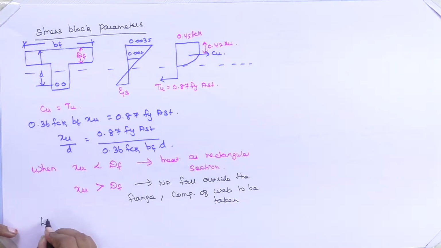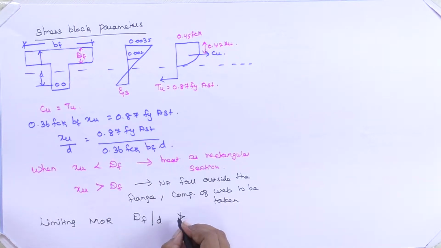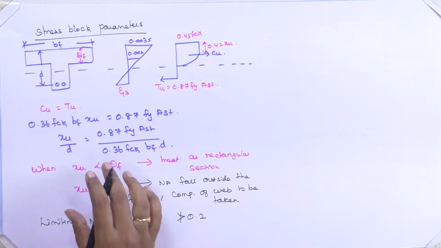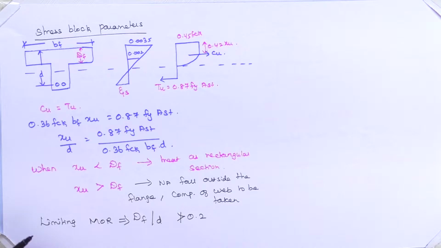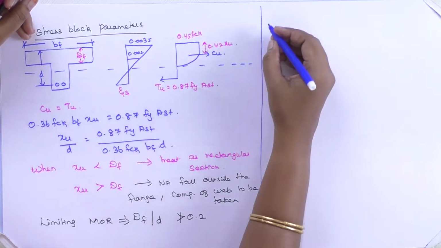Okay, the limiting moment of resistance: DF divided by D should not be greater than 0.2. This is the condition for flanged beams. We will see the limiting moment of resistance value.